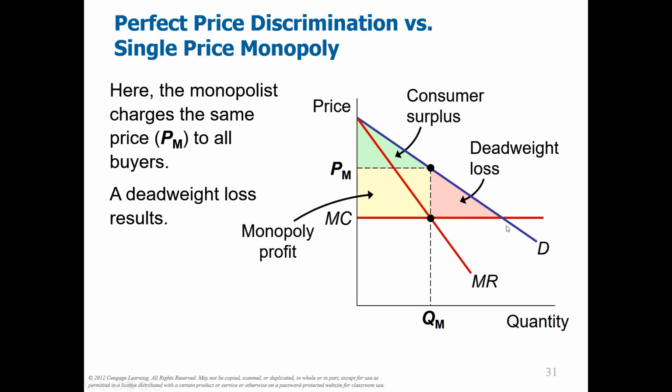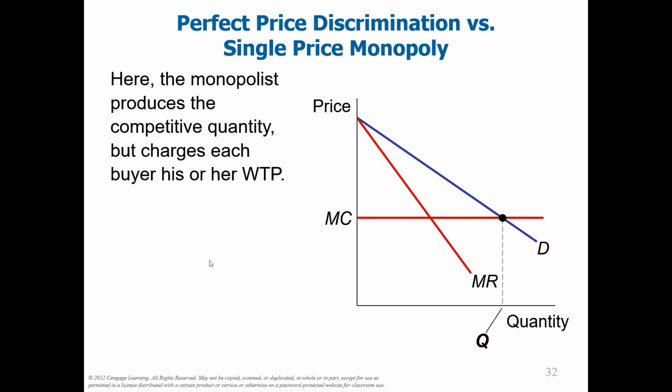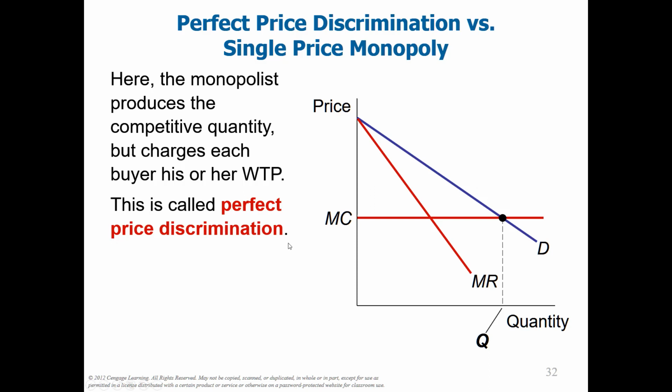If it was perfect competition, price equals marginal cost, the quantity would be here, and welfare would be maximized. Now consider the following strategy: perfect price discrimination. Charge each person exactly his or her willingness to pay. There's no way for the monopolist to know that, but assume he could know.